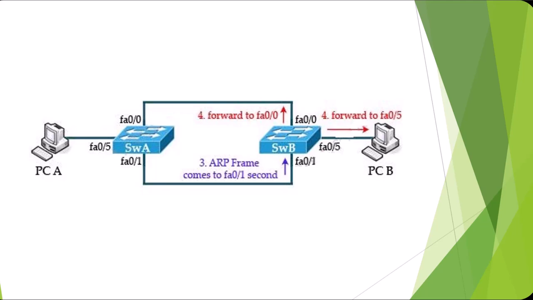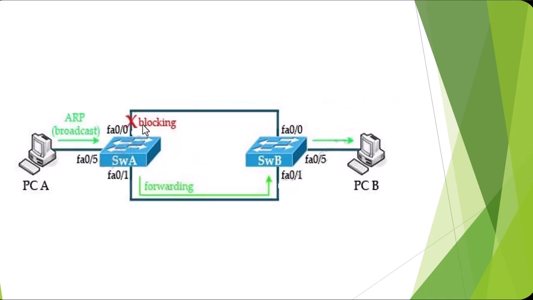And then of course we will have other problems like multiple frame transmission or MAC address table instability. These are the issues that will happen in the network. In order to prevent this, the spanning tree will block one of the ports, so the packets will not loop around the network. That is the mechanism the spanning tree uses to prevent loops.